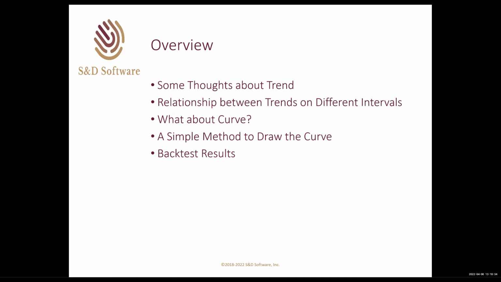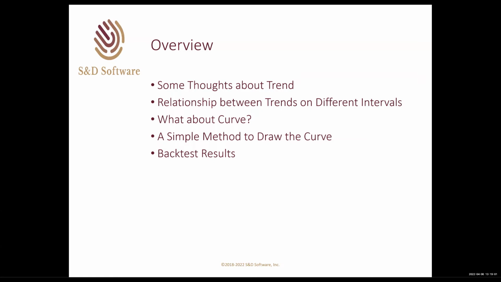We're going to start looking at the parts of a trend, the impulse moves, the corrective moves. Then we're going to get into the relationship between those and trends on lower intervals. And we're going to be able to see things like why you can have a trend on the lower interval that's moving in the opposite direction from a trend on the higher interval. So that's going to be an interesting discussion.